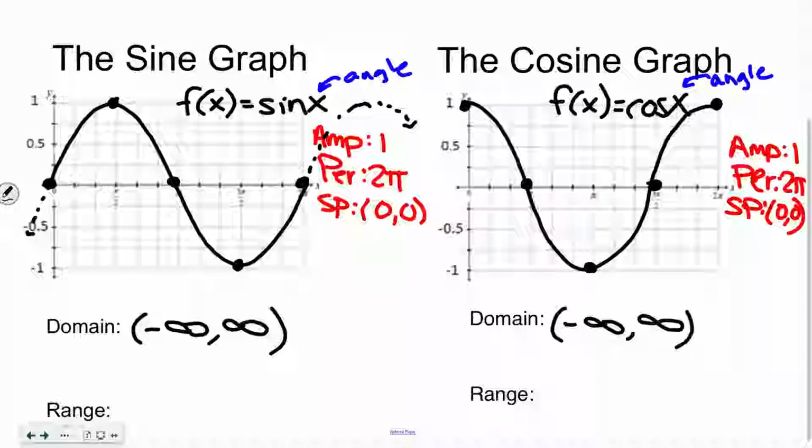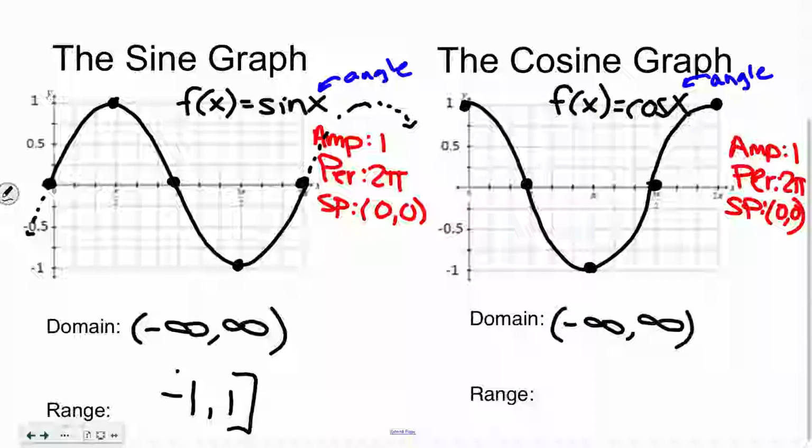Okay. What would you say for range as you look at those graphs? All real numbers? Not quite. You're constricted by the mins and maxes of the waves. What's our minimum? -1. Maximum? 1. In interval notation, what are we going to put around those? Brackets.